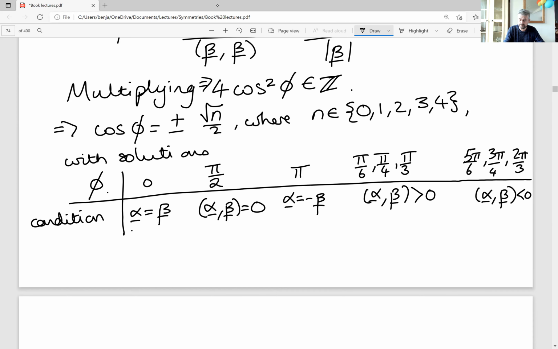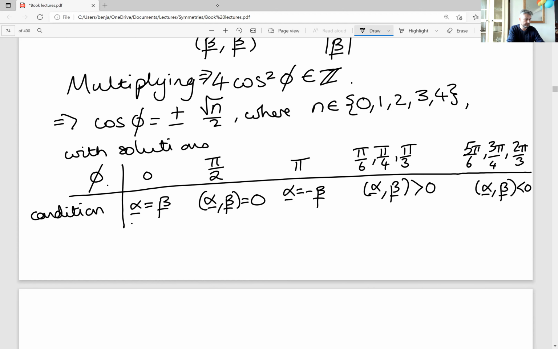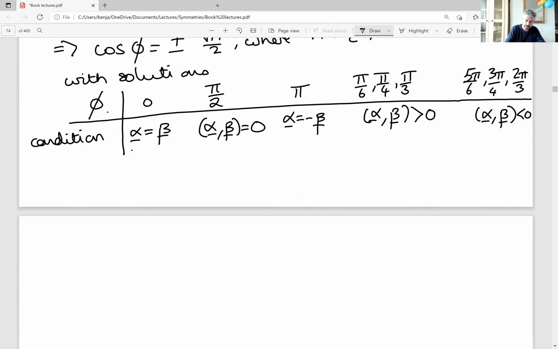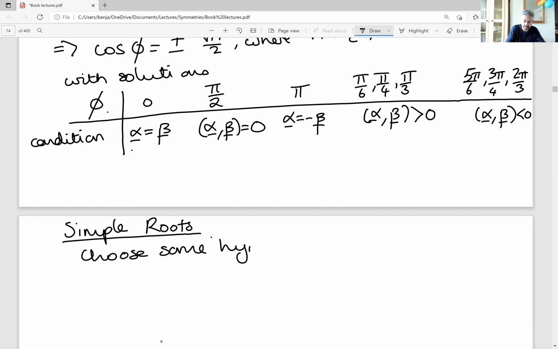So that's interesting. So we've learned something now about the relative angle between roots of Lie algebras. So let's now develop a useful concept, which is a subset of the roots called simple roots. So what we do is we choose some hyperplane in this dual space.